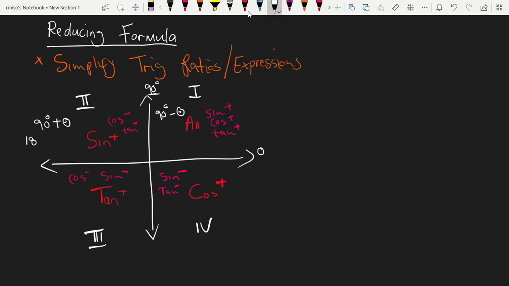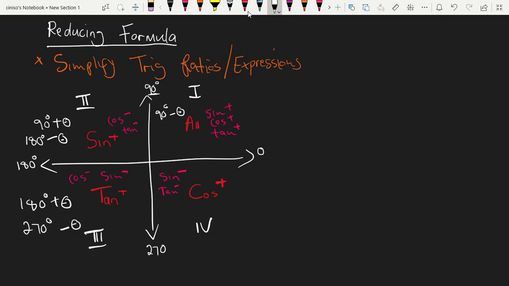And we also have 180 degrees minus theta. So here it's going to be your 180 degrees, meaning that any angle below 180 degrees but above 90 degrees will lie in the second quadrant. Then going to our third quadrant, we have 180 degrees plus theta and 270 degrees minus theta.